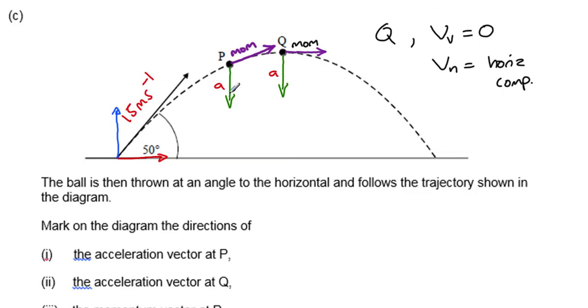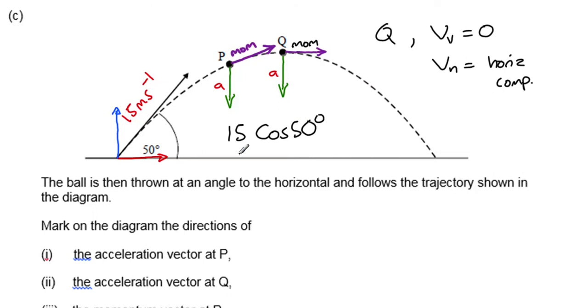So all we need to know is what part of that 15 meters per second at 50 degrees is the horizontal component. And okay, my lazy way, that's actually going to be 15 multiplied by the cosine of 50 degrees.